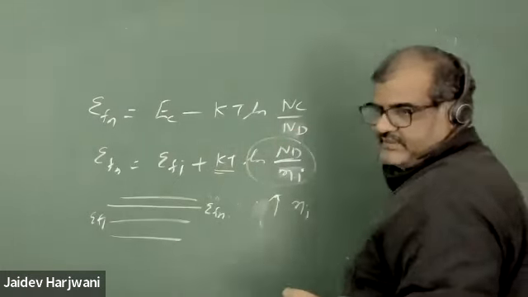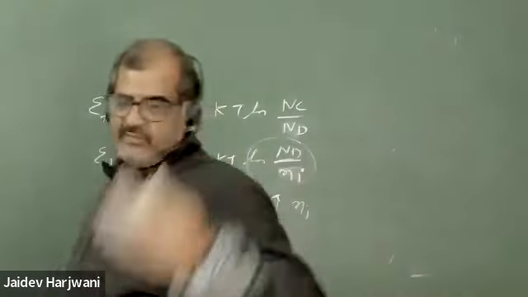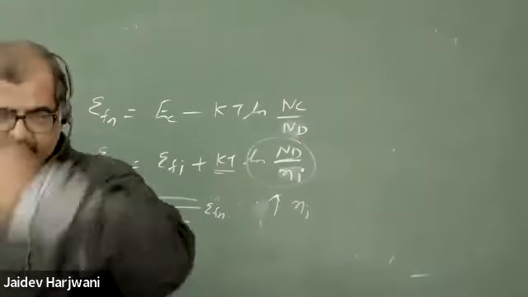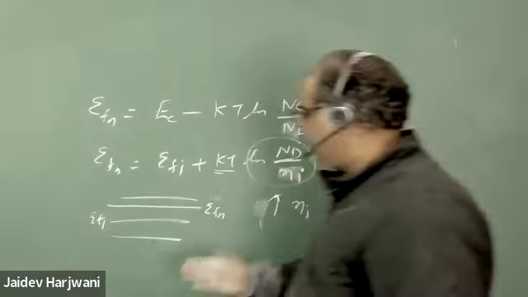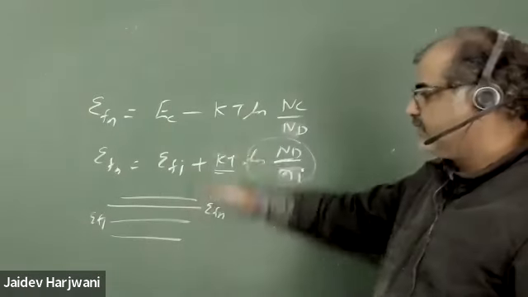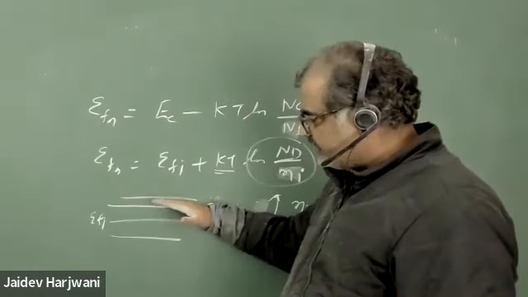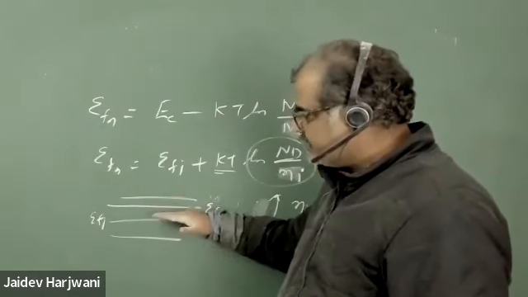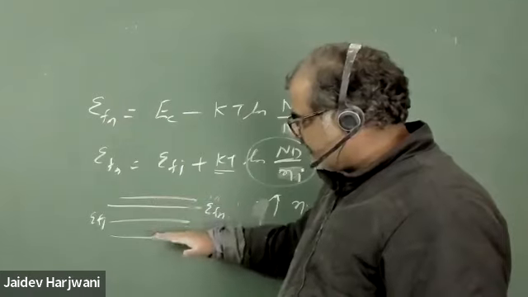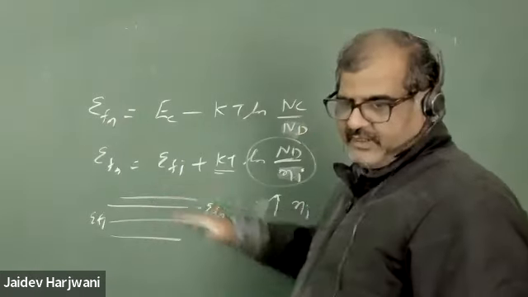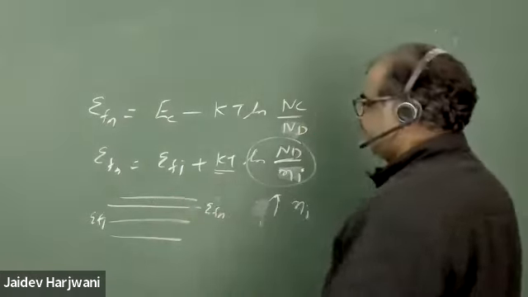So when you increase the temperature, your material becomes more and more intrinsic, which means the Fermi level should go down for n-type, and for p-type it will go up. Whenever you increase temperature, the material tries to become intrinsic: n-type comes down and p-type goes up. You can check from here.